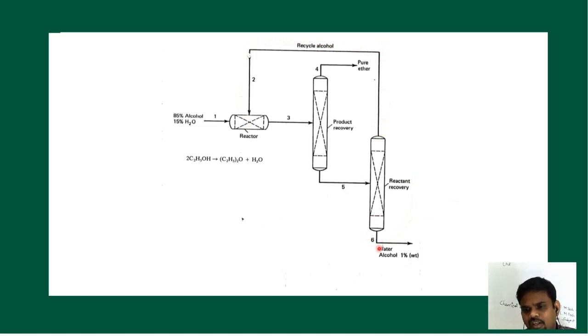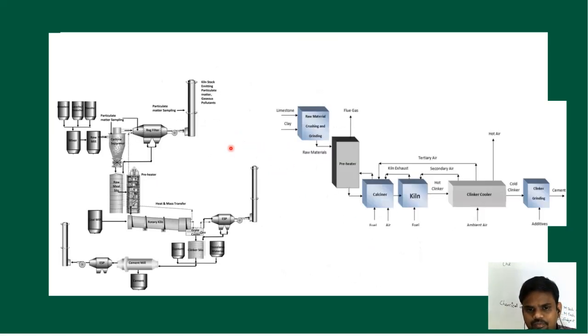The bottom product, with a very small amount of alcohol, is sent as waste. So this represents multiple units. That is what we are going to do: numericals on material balance in multiple units, involving unit operations as well as processes. So this is an example from the cement industry.